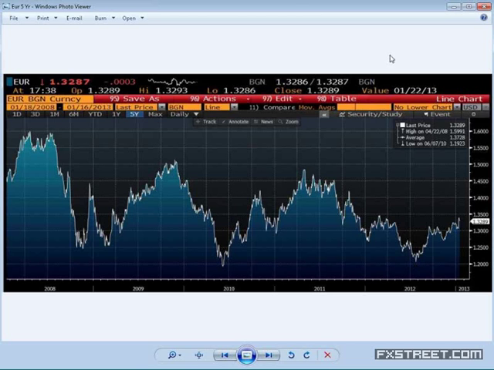And as we saw in the yen a little bit later, it has been the tribulations, the rise and fall of what's going on in the European debt as reflected in the risk-on, risk-off environment in the world's currency markets.